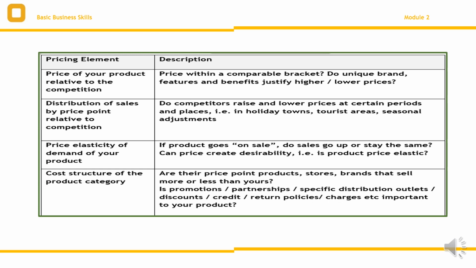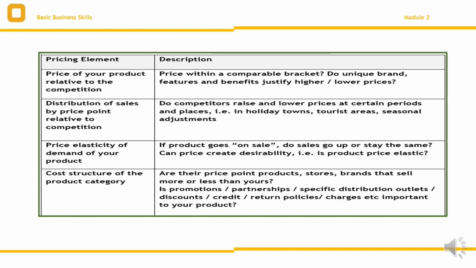offering. You also need to understand the cost structure of the product category. You need to understand your competitors' prices or their price points. You need to understand their stores, the brands that they sell. Are they more or less than yours?